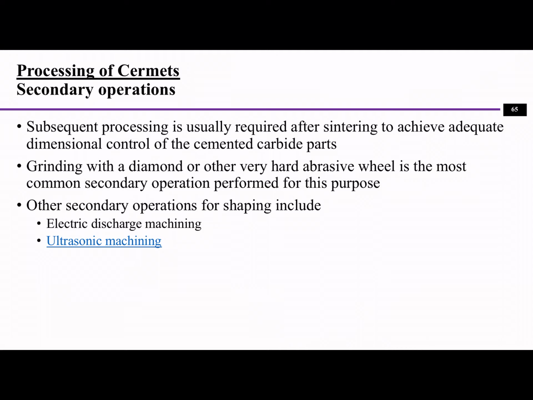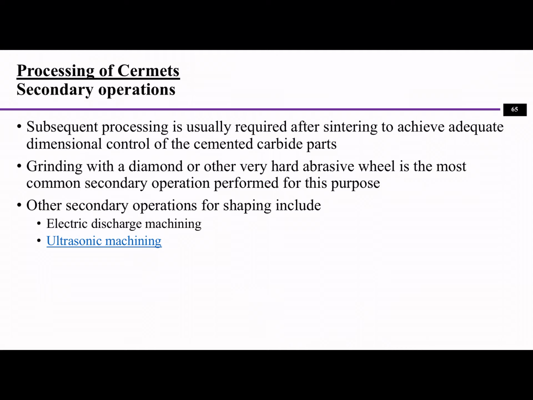Some of the secondary operations for making cermets: grinding, for example. We can grind them with a diamond wheel to create a better surface finish, or the required accuracy of geometry.